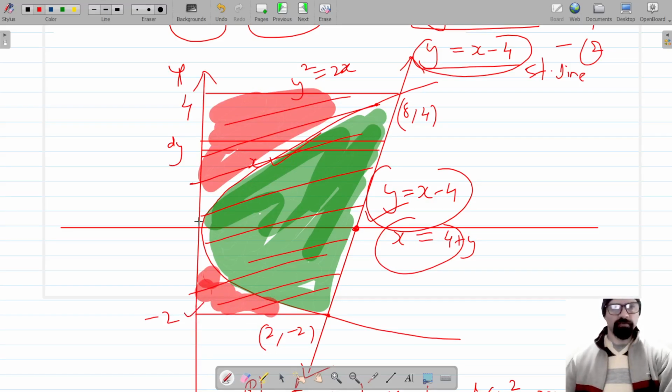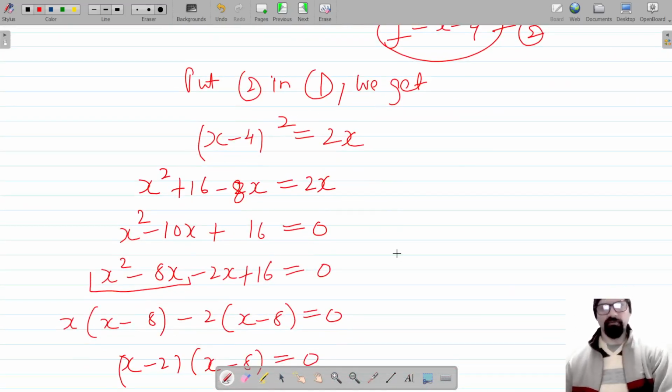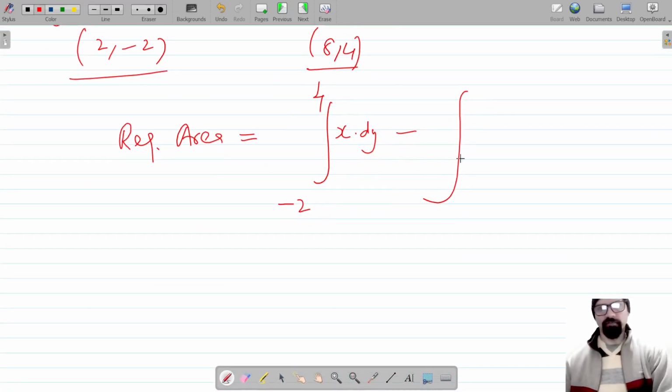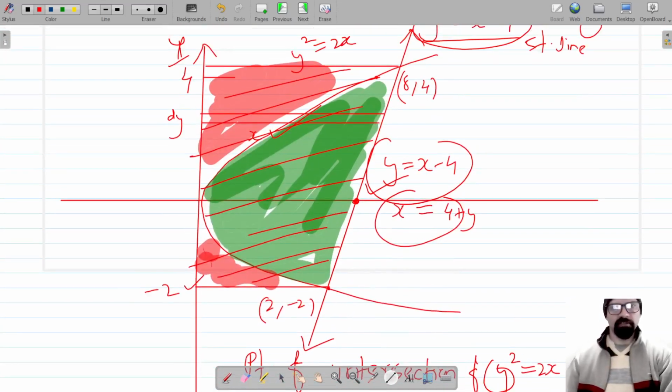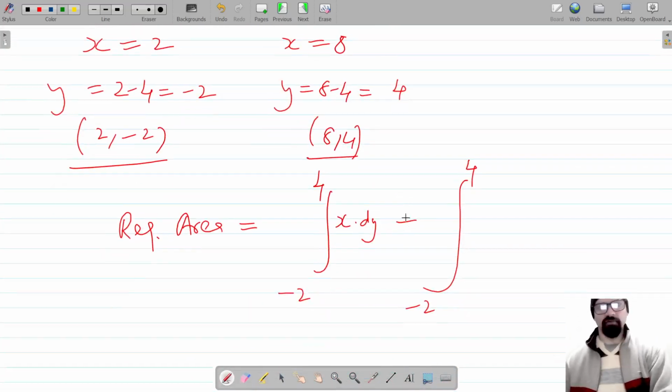It also goes from negative 2 to 4. And if we take a rectangular strip in this region, its length is x and breadth is dy. So this is again x into dy.